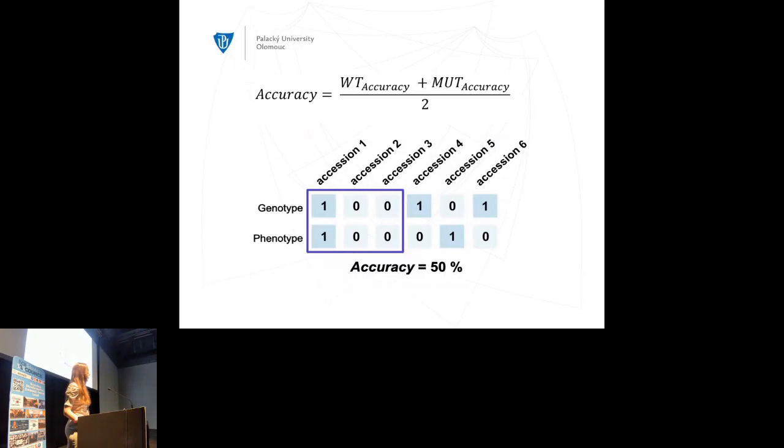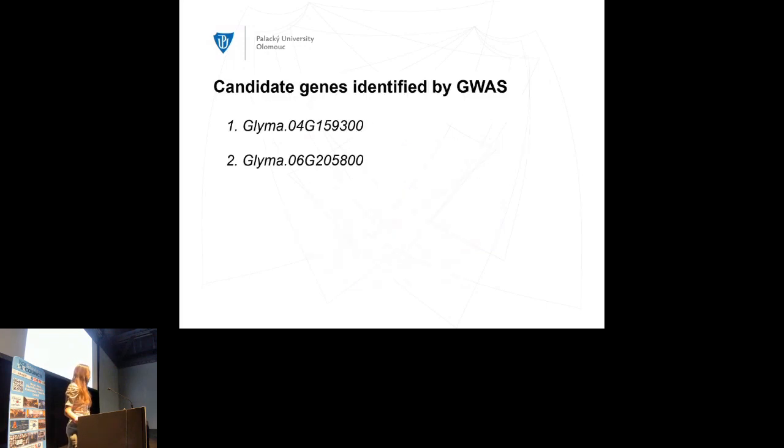This score reflects how well a mutation's presence or absence matches the binarized phenotype classes. The tool AccuRate was first validated on several genes which are already known to affect important soybean traits, like I previously mentioned. Then it was applied to two new genes that were identified by GWAS analysis to be associated with soybean maturity time.